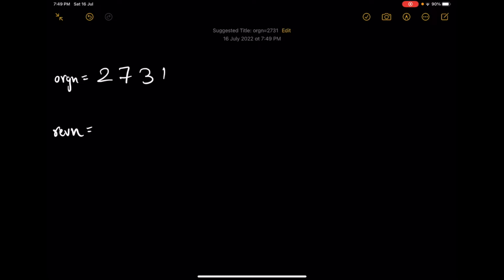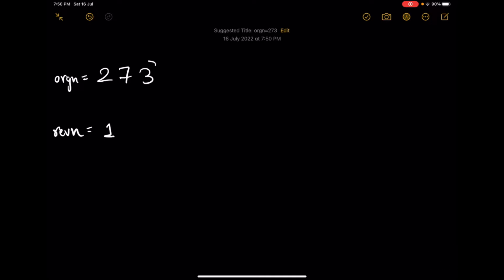Let's try to actually see what is happening. What do I mean by reversing the number? What I mean is, first I want to take this 1 here, then I want to put this 1 here, and then I want to forget about this 1, or remove it.